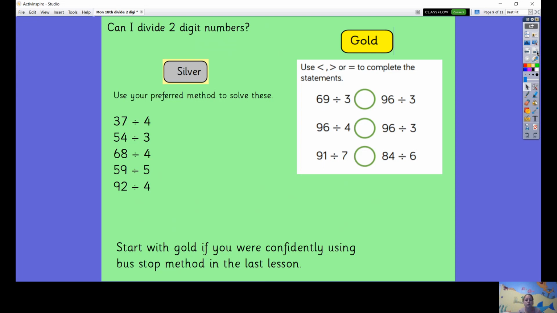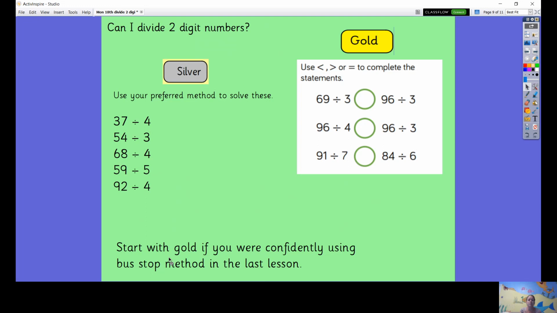So these are your tasks for today. Use your preferred method for silver to solve these. You can use your bar models and draw them out, or you can do bus stop method, whichever you want.